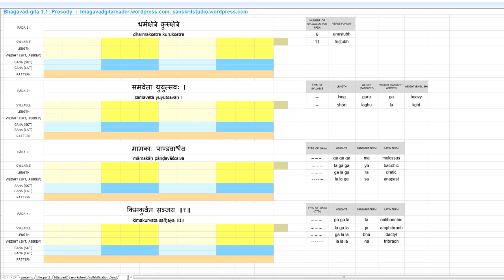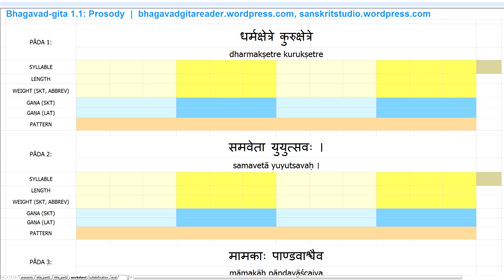And when we have done that, we will determine the main type of verse meter used in this verse. So let's start by zooming in so we can see a little better.